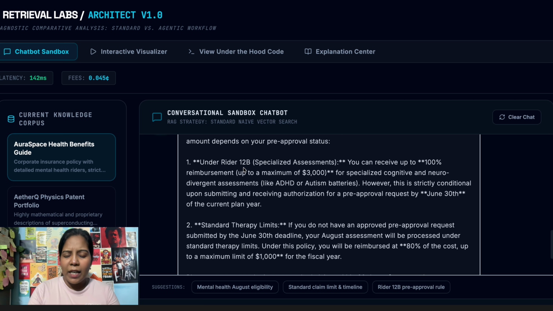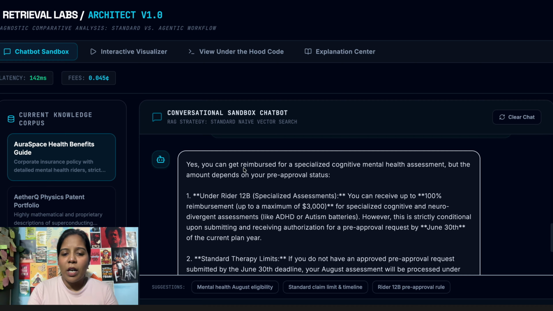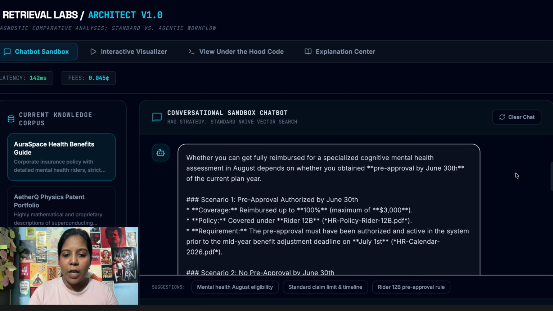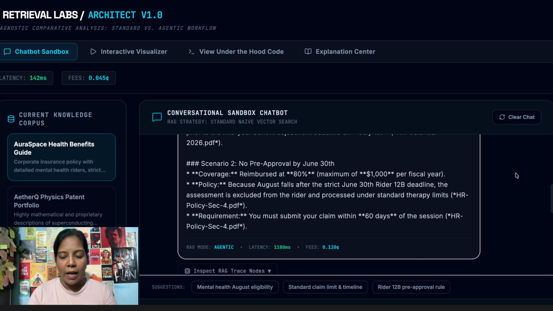But instead, it has given very straightforward answers for me. So there is no validation that is required or asked from the user. It straight away gave the information. So this is how both perform when it comes to agentic RAG and regular RAG.